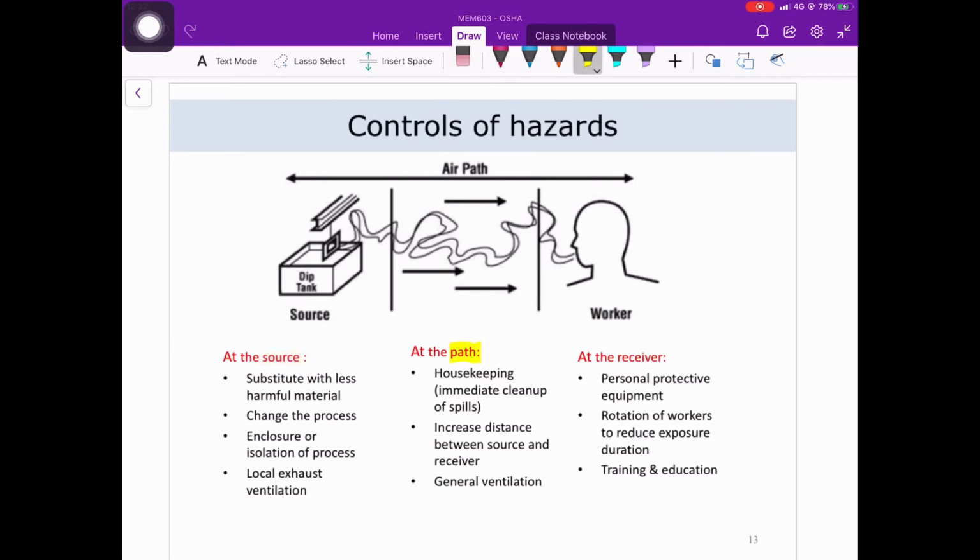At the path, some of the control measures that can be done are good housekeeping, increase the distance between the source and receiver, and use general ventilation.